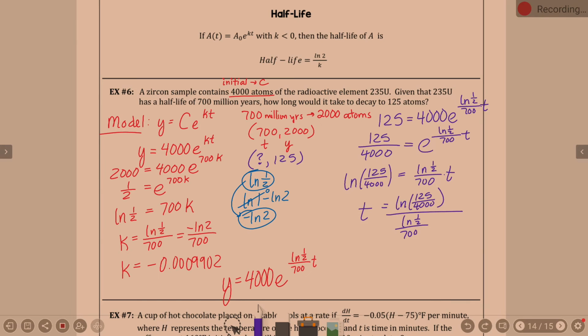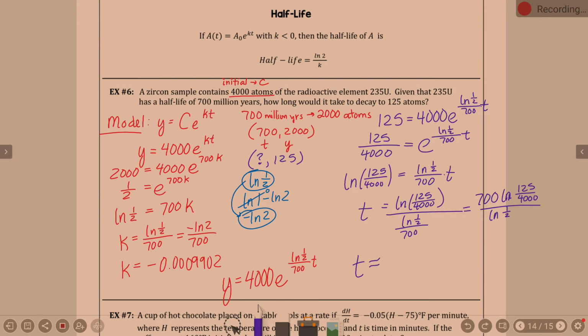It's doable. If we'd rather multiply by the reciprocal, then it'd be 700 times the natural log of 125 over 4,000 divided by the natural log of 1/2. Whatever makes you happy.